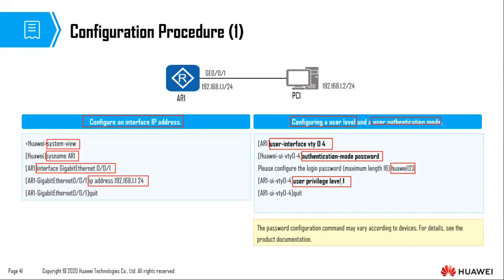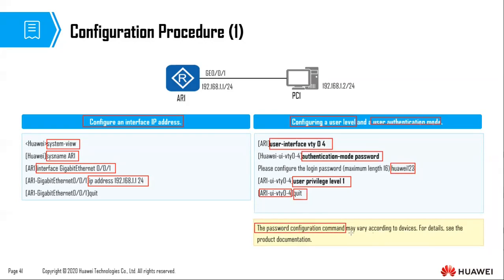So user privilege level 1. We don't want to give them 0. We want to give them 1 so that they can be able to view the configuration commands, but they can't be able to change anything. Of course, you know that quit will get us away from this VTY interface to the system view.